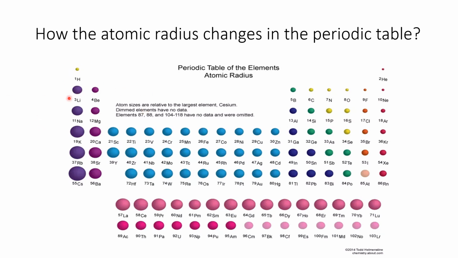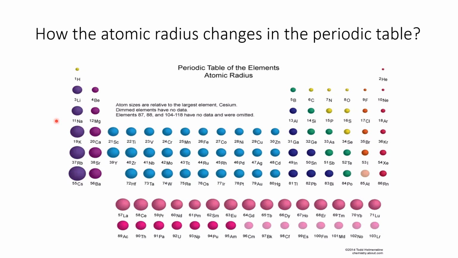Now when we have more energy levels, we have more subshells, and the valence electrons are going to be farther away from the nucleus, so the nuclear charge is not going to be pulling on the electron cloud, on the final levels of the energy levels of the electron cloud.